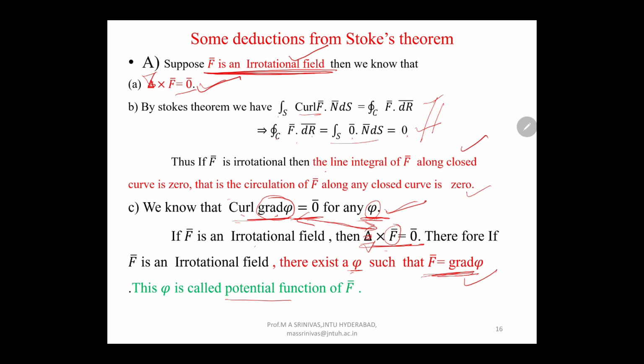So we can identify an irrotational field in three ways.